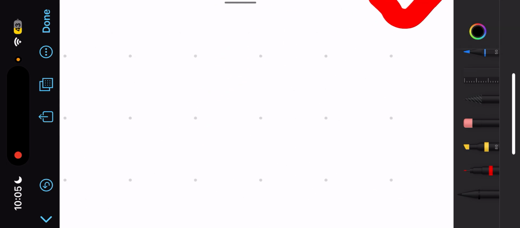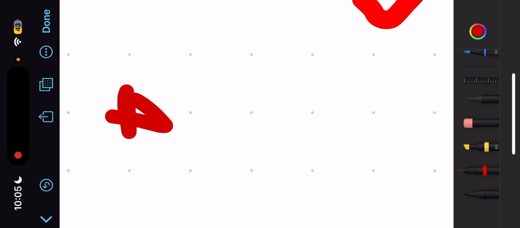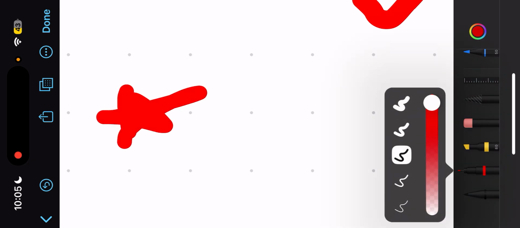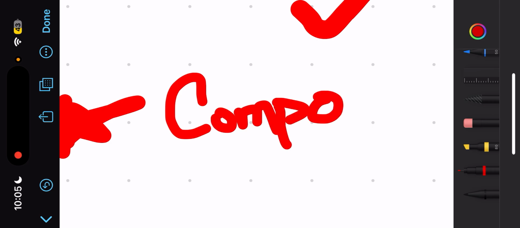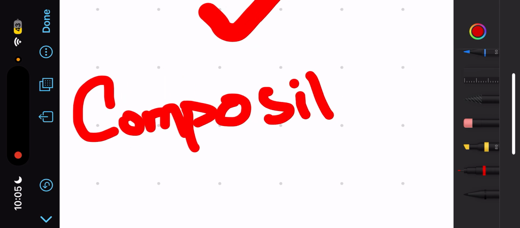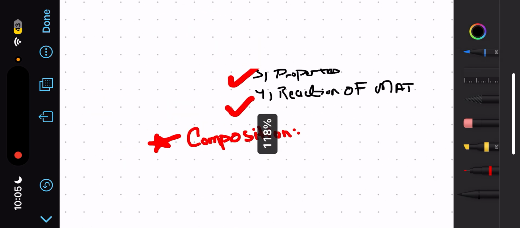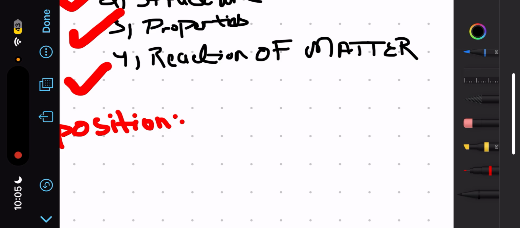First of all, we will learn about composition. Composition means how many elements are used to make the formula or substance.